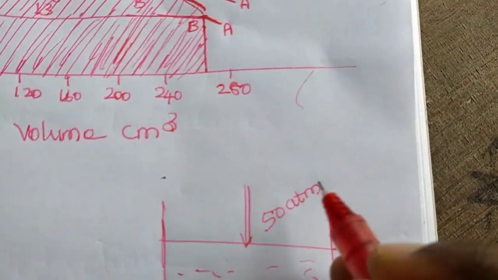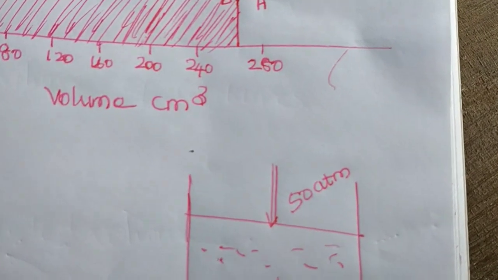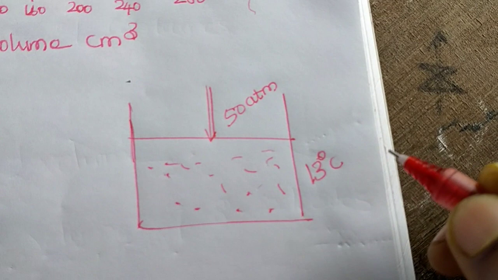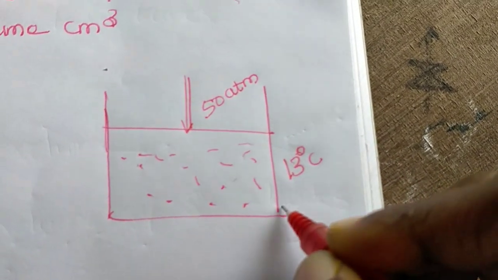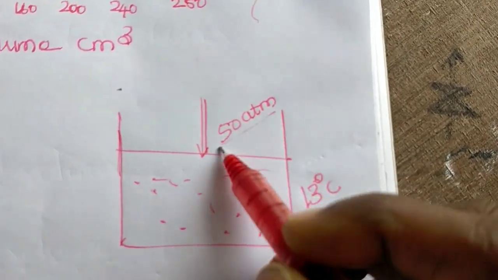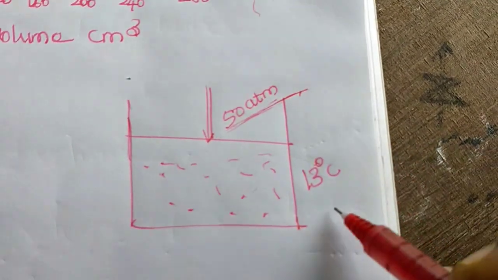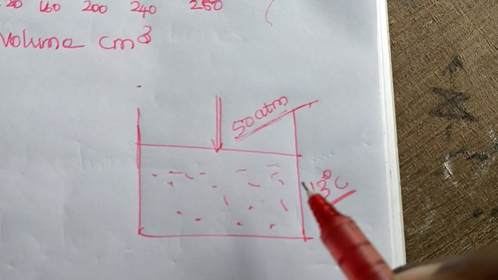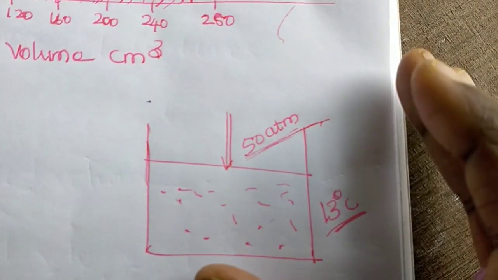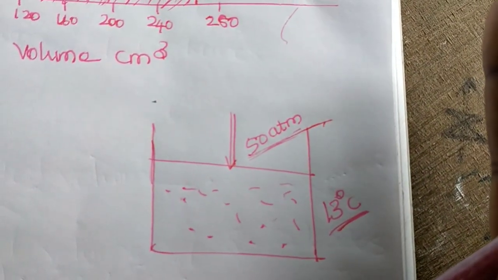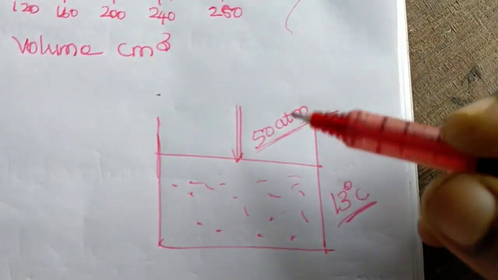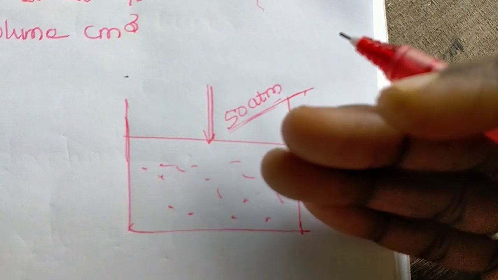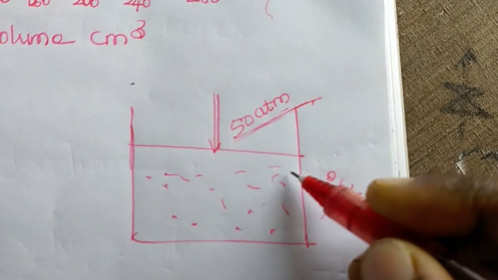Now this is under a temperature of 13 degrees Celsius. So we changed the atmospheric pressure and temperature of this system. Because of applying the pressure and the temperature to the system, if we increase the pressure, it will reduce the volume of that container.